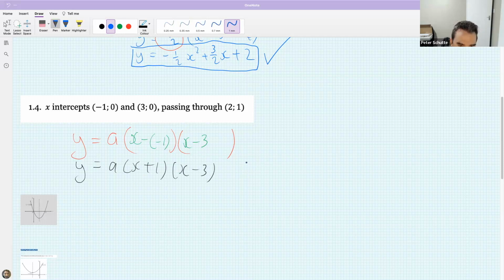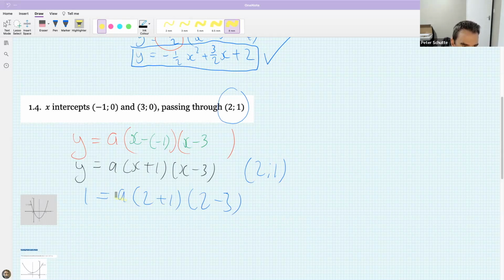Sometimes what I like to do is write down the point I'm going to sub in. So I know the point 2, 1. I write it on the side so it's there for easy reference. Maybe you can tell me in the chat, what did you get for your A value?